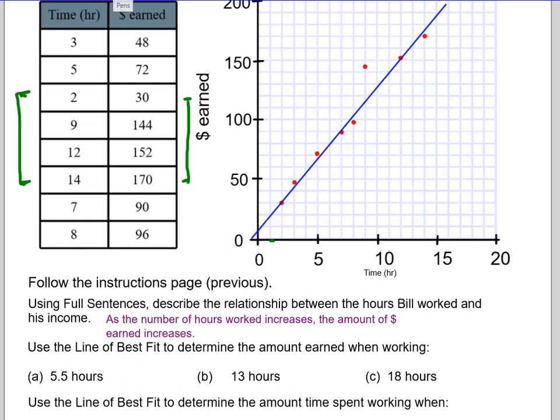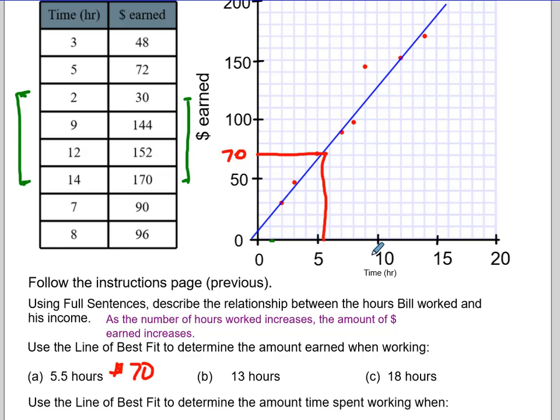If I grab my pen and go to 5.5 hours on this axis, I draw a line up until I hit the line of best fit, then I go across, and whatever value is there, in this case it looks like about 70, so I would make about $70. This red line that I've drawn in here, on your task, I'm expecting you to draw that. That's how you communicate how you found the number that's attached to the 5.5 hours.